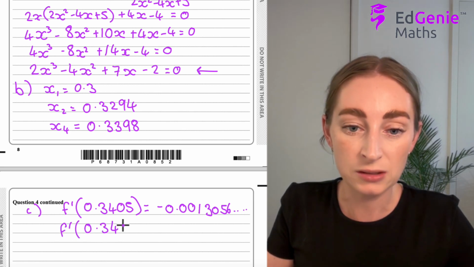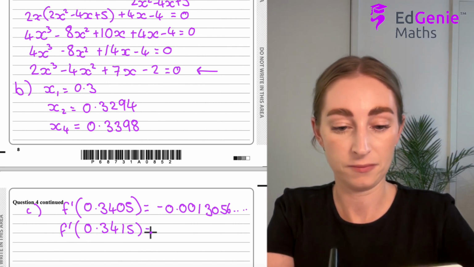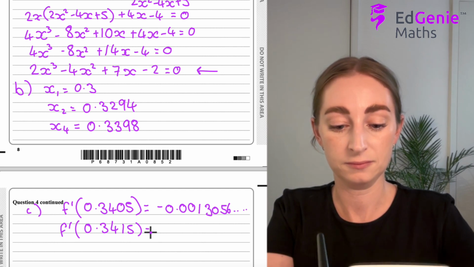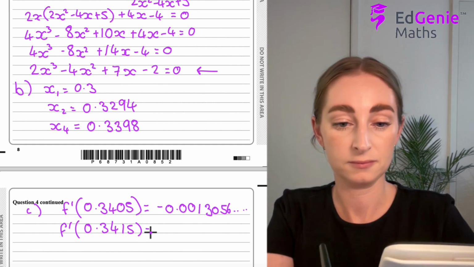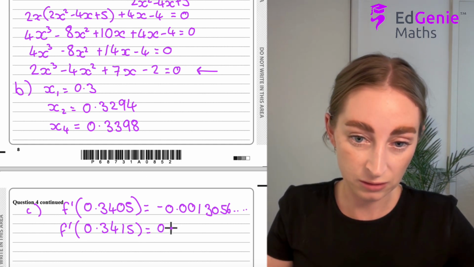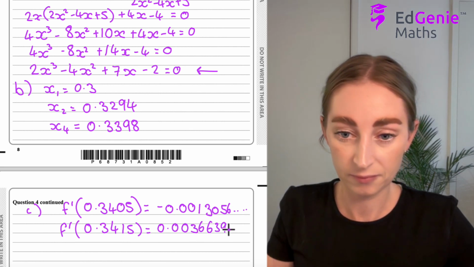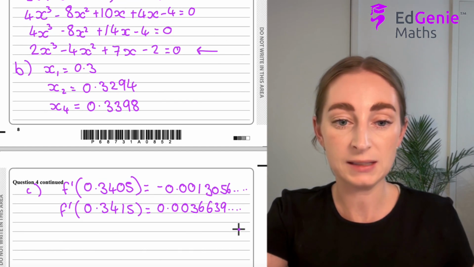Now just change the values to this. And yeah, it's positive, so it's great news. And that keeps going. So there's a few things we need to say here.